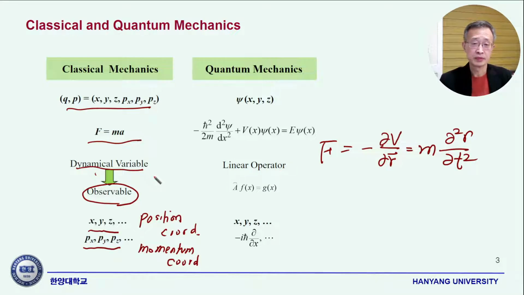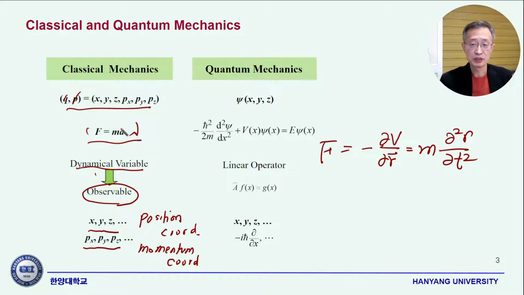So given the position and momentum coordinates at a given time, and given the equations of motion, we can determine the state at any given time, whether past, present, or future. That's how classical mechanics operates.